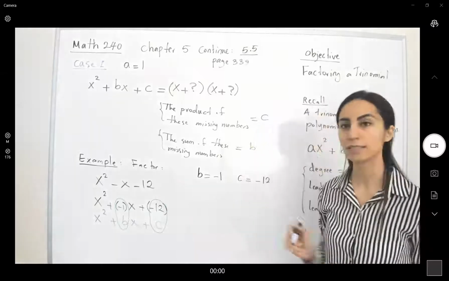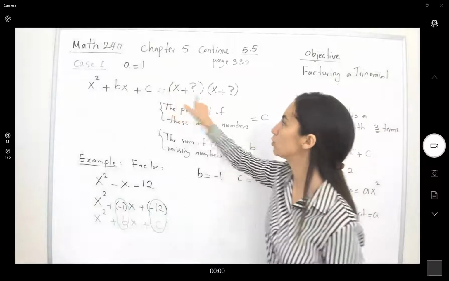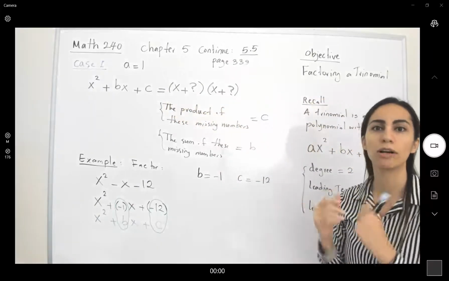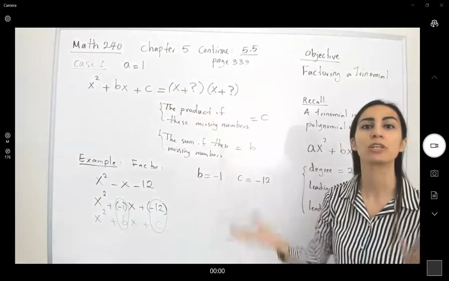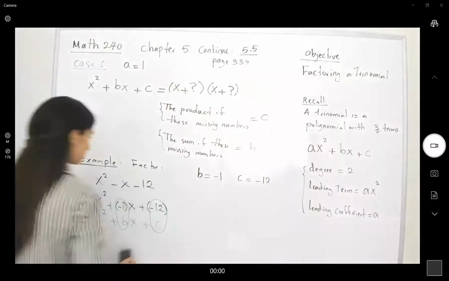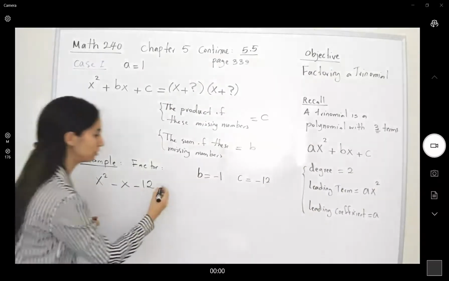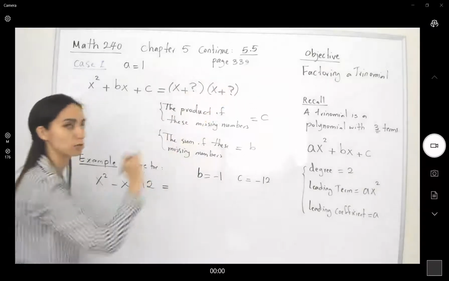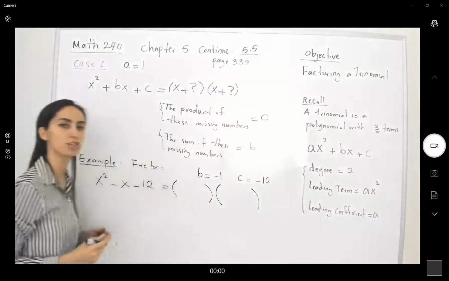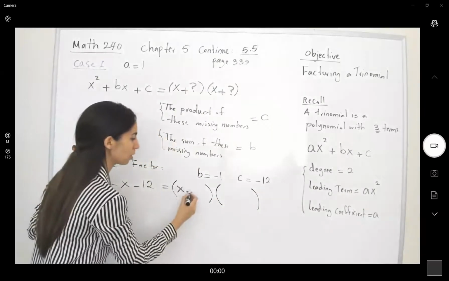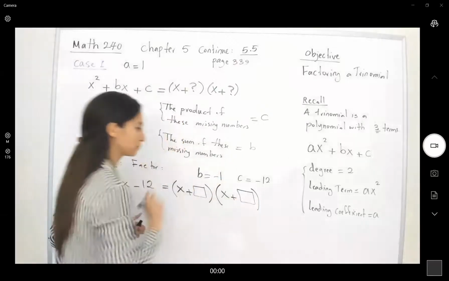We want to write this in factored form. What's the meaning of that? It means that we're looking for two quantities that when we multiply them together, we get this quadratic expression back. So we have two expressions multiplied together: x plus a missing number, and x plus another missing number.